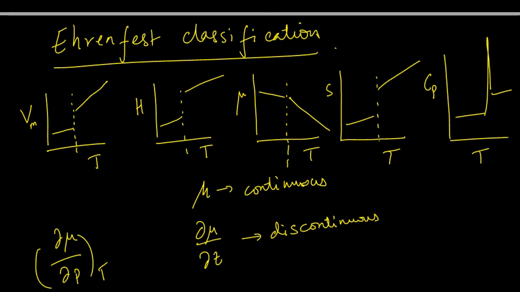This classification is only for single component systems, but it can be extended. For the moment, just treat it for single component systems. So this is the first order phase transition.